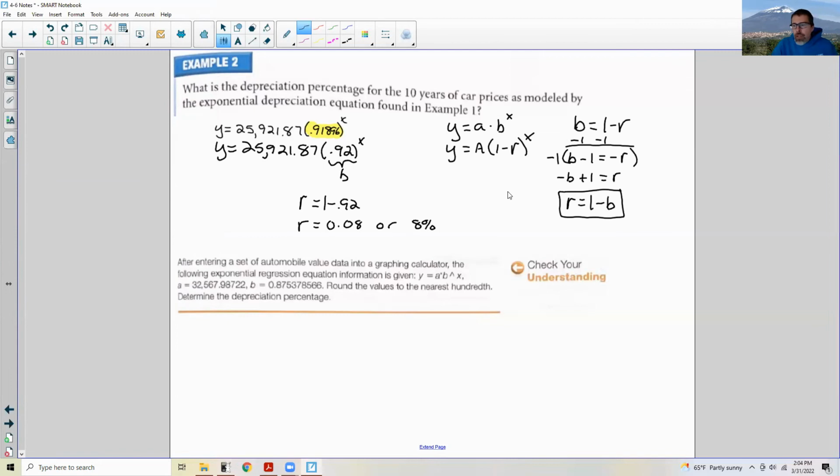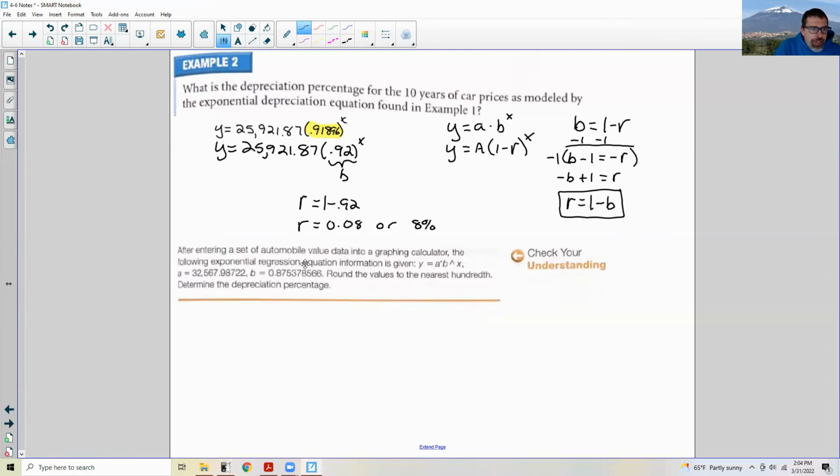Okay. All right, so let's check your understanding. It says, after entering a set of automobile value data into a graphing calculator, the following exponential regression equation information is given. Okay, so it gave us our A and our B, just like I did in the calculator on the last problem. And so this is asking us to get an equation.